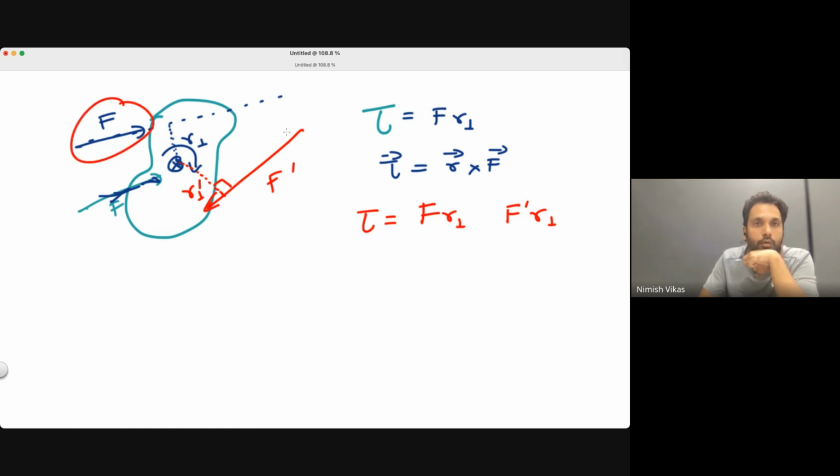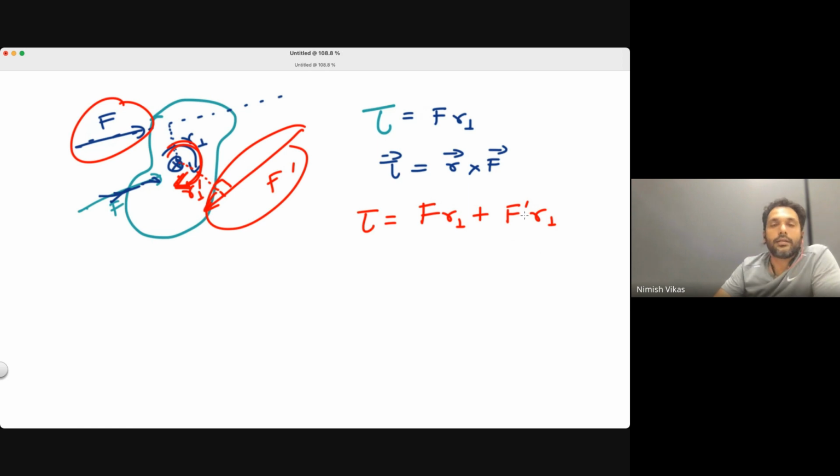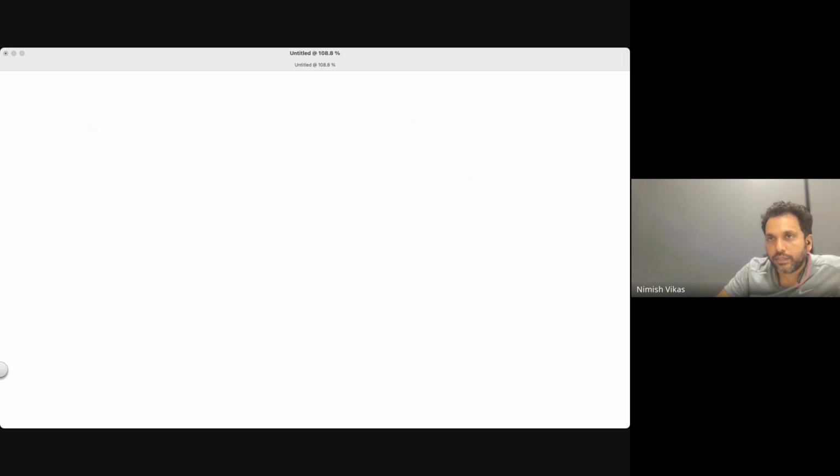You see, the forces are opposite, but both of them are going to rotate the body this way, right? So you are going to add it up. Is that clear? We'll have to be a little vigilant in seeing which way is the direction of rotation. Is that clear, guys? So these are the basics you should be knowing before we start pure rolling. So rolling motion. Rolling motion is this.